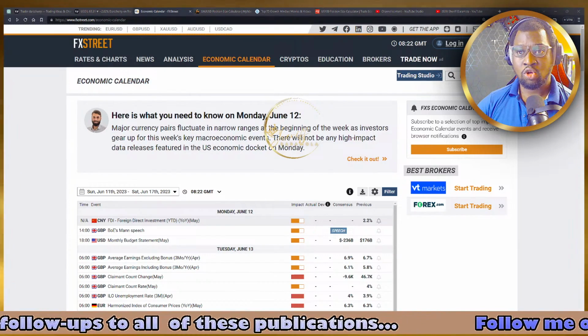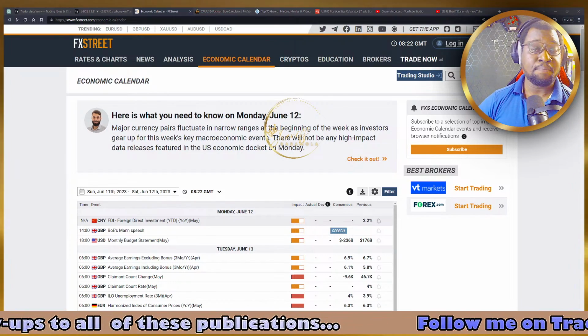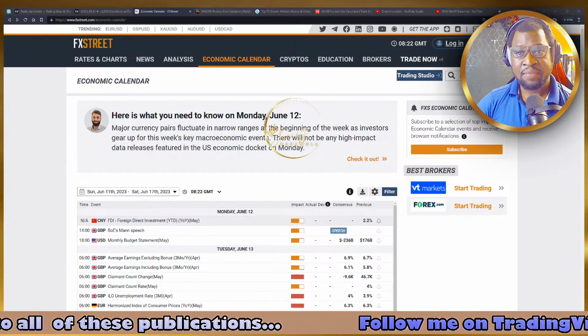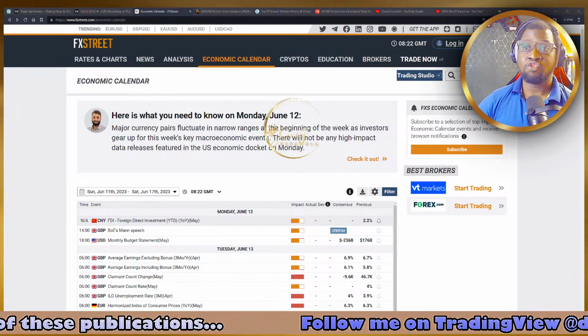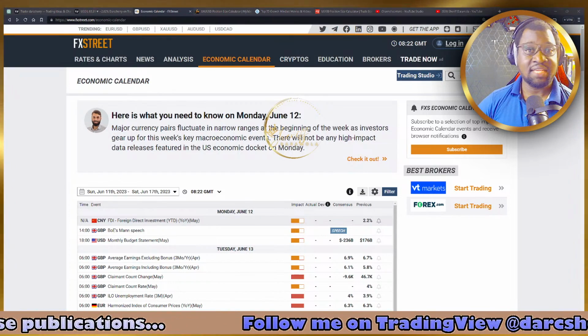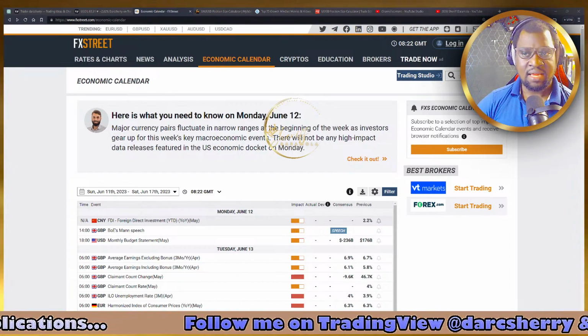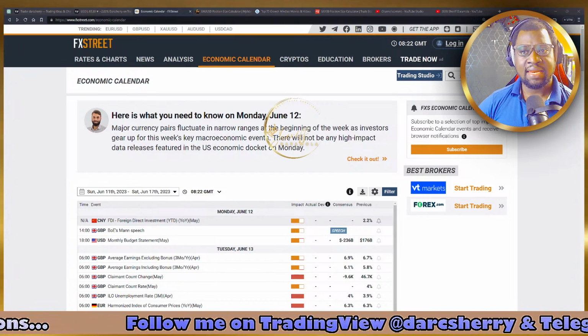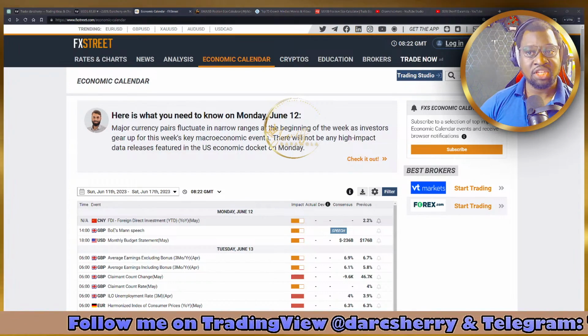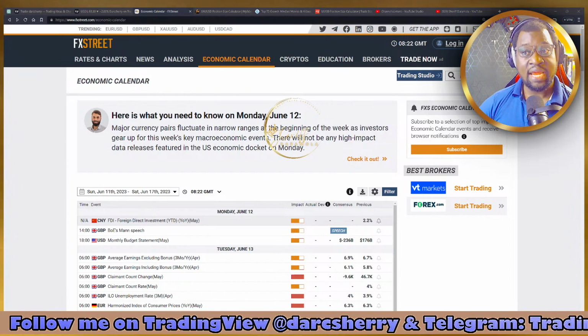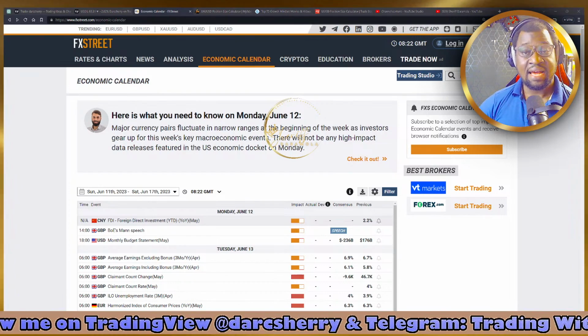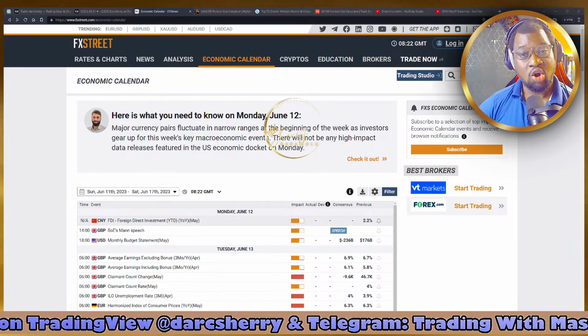And one thing I would also like to state here is the importance of the economic calendar. These fundamental factors often manifest on the chart in technical patterns and price movement. By monitoring this economic calendar, we can identify potential correlations between key economic releases and specific technical patterns on the chart.